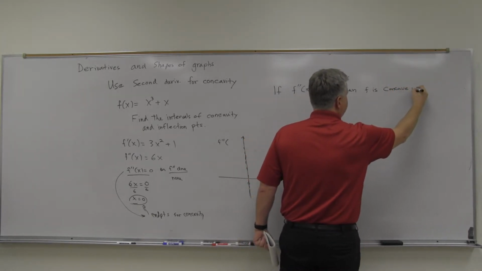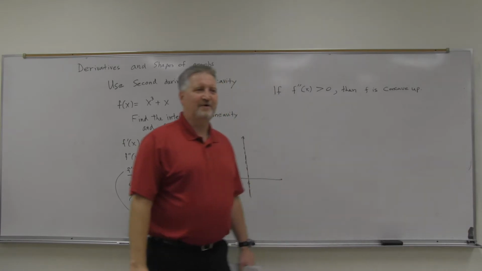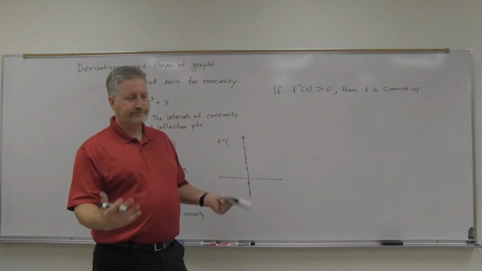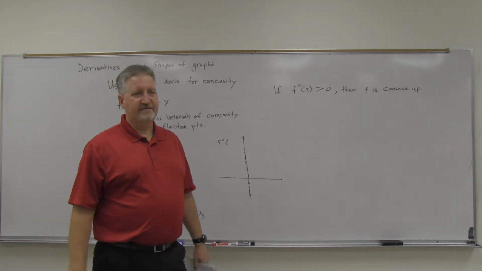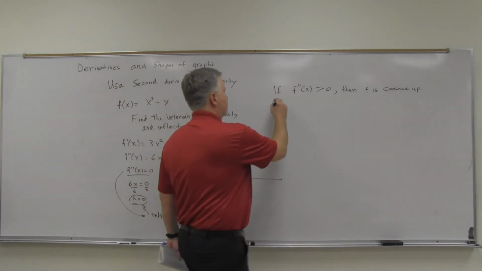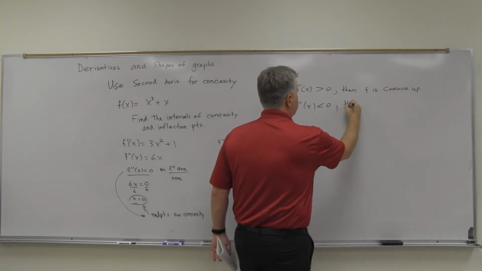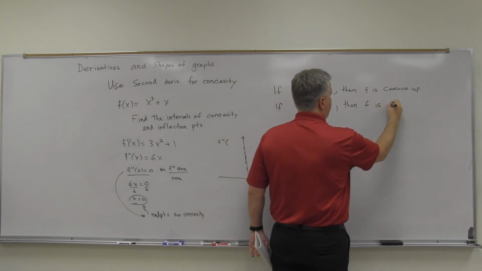So it works much like you would hope. If the second derivative is greater than 0, it's concave up. If f double prime of x is less than 0, then it's concave down.